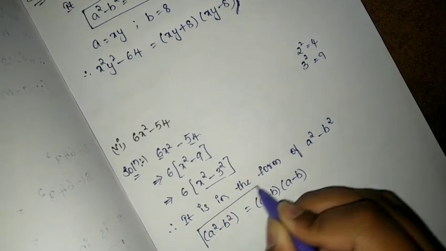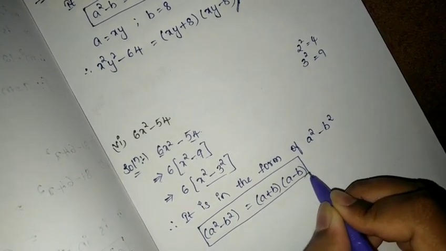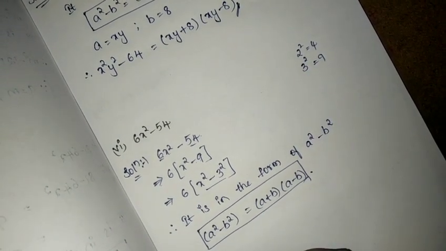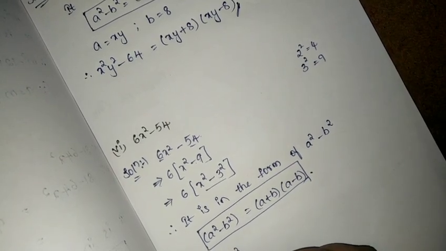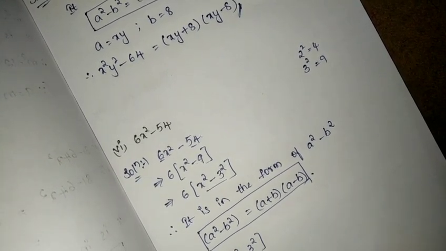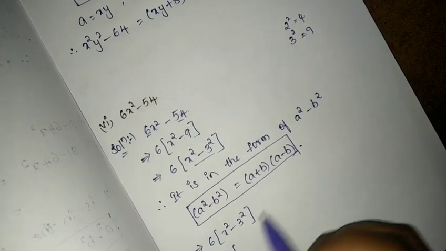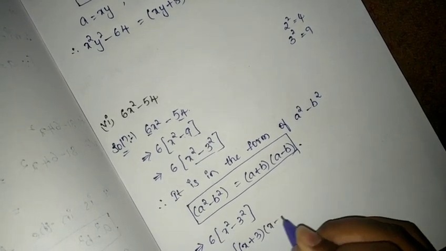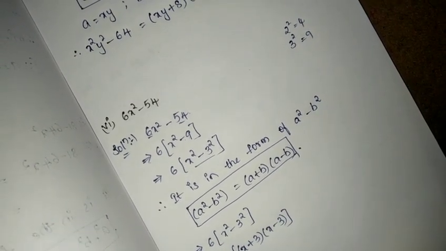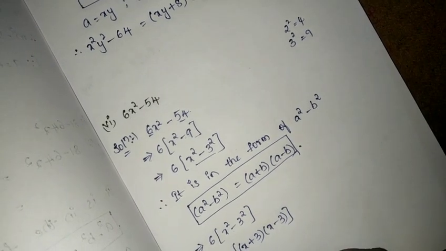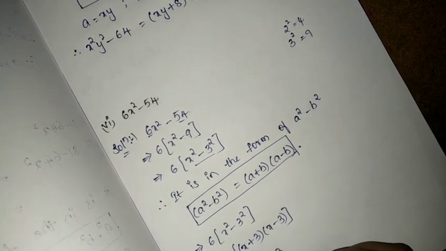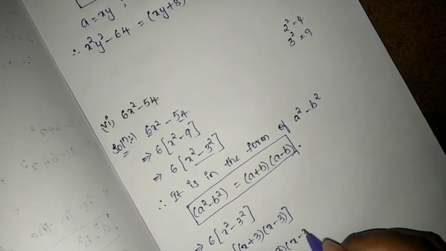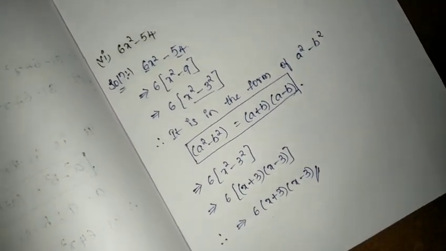So 6 into x square minus 3 square, for this we can write this formula, x plus 3 into x minus 3. So the answer is 6 into x plus 3 into x minus 3. This is our final solution.